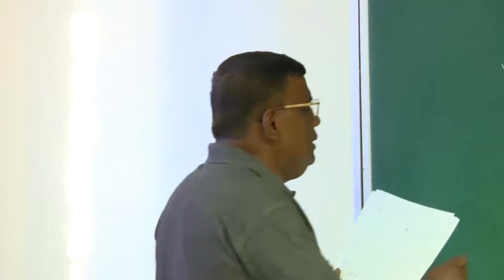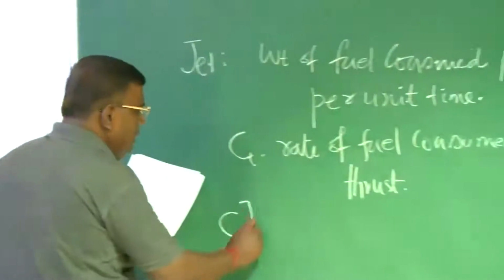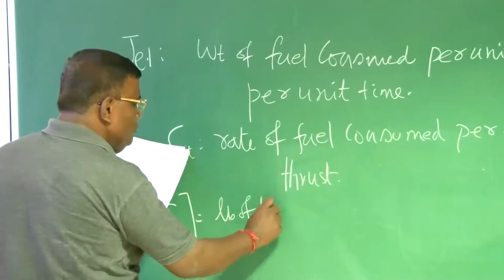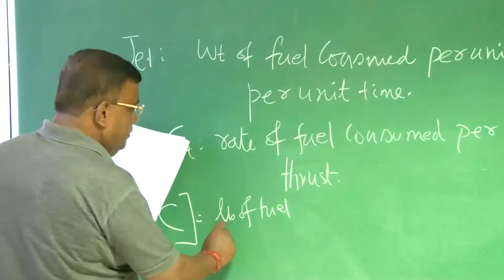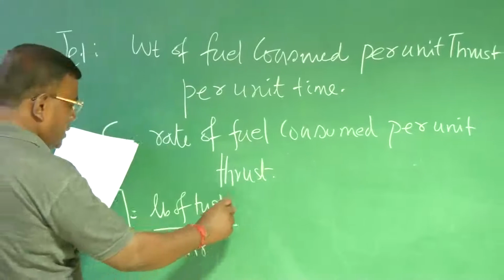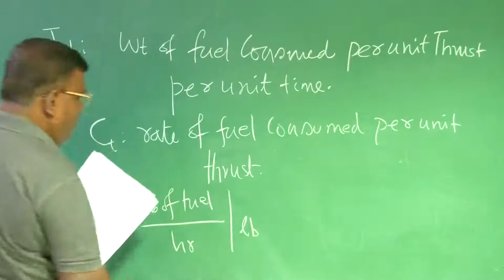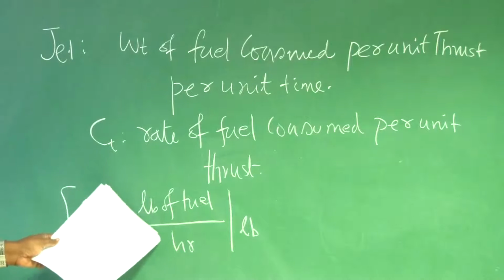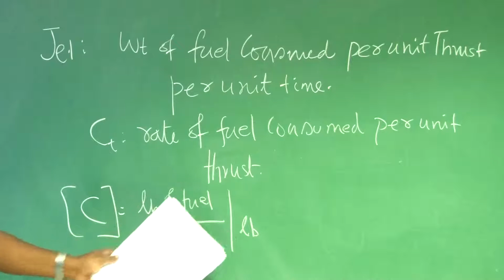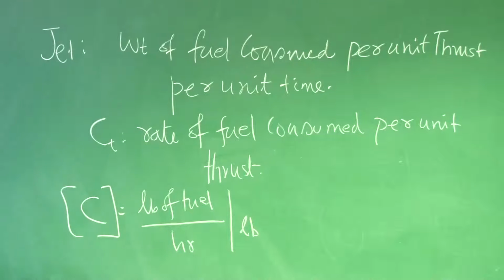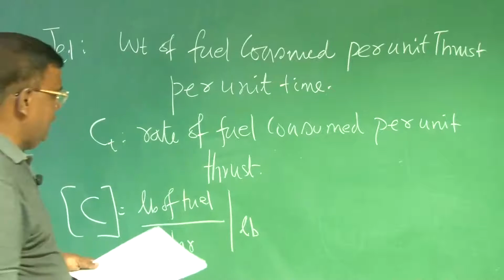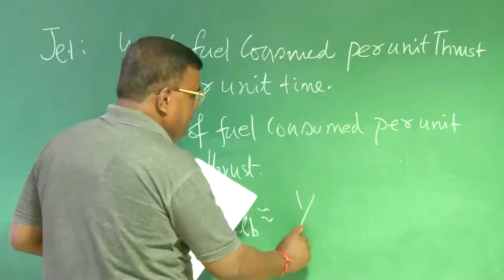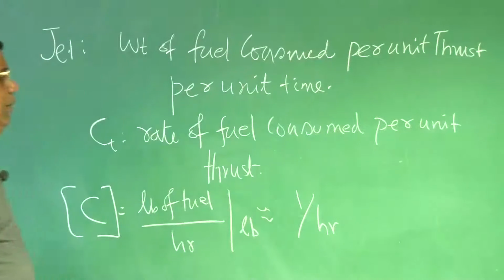You will find that most of the books have expressed it in units of pounds of fuel per hour per pound of thrust, right? So this is the rate of fuel being consumed per unit thrust, which is in pounds. If I expand it, the unit will be given in terms of 1 by hour.